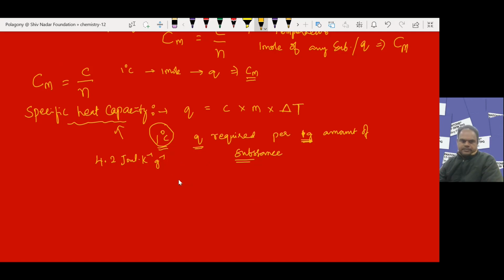The formula is Q is equal to C into M into delta T. This is the formula for specific heat capacity. It differs from substance to substance. For water, the specific heat capacity is 4.2 joules per Kelvin per gram.